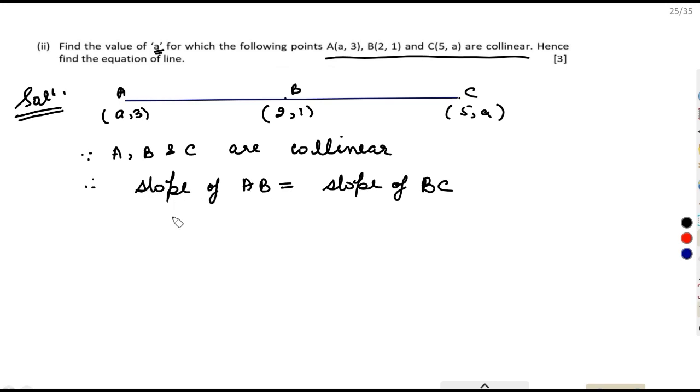And slope of AB and slope of BC will be given by y2 minus y1 upon x2 minus x1. For AB we will take A and B. For BC we will take B and C.